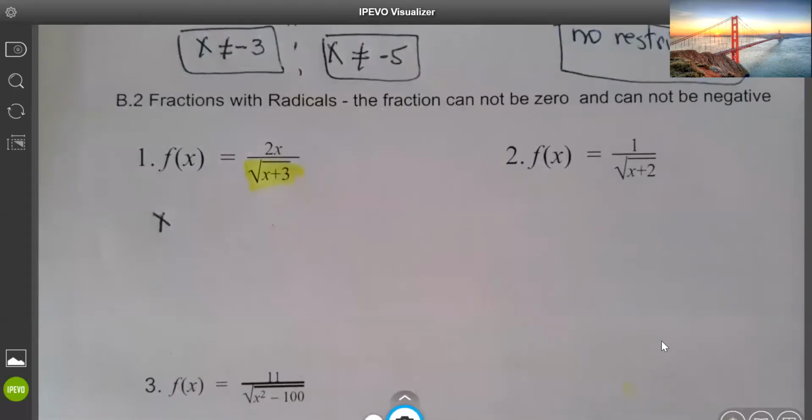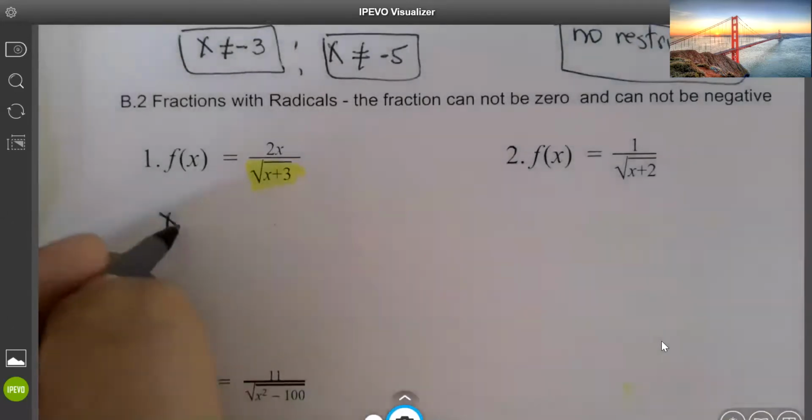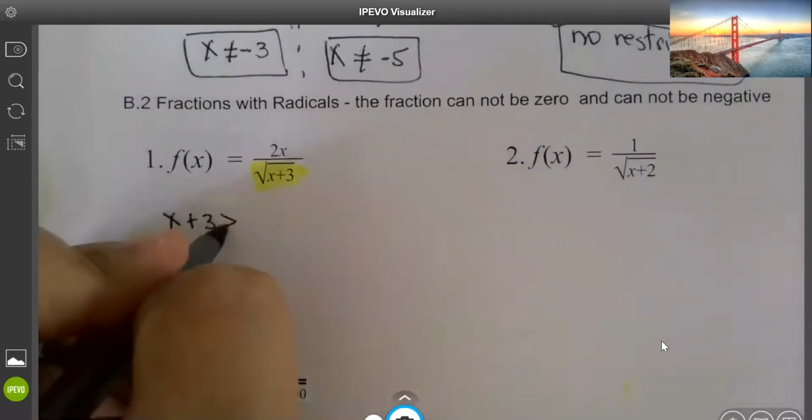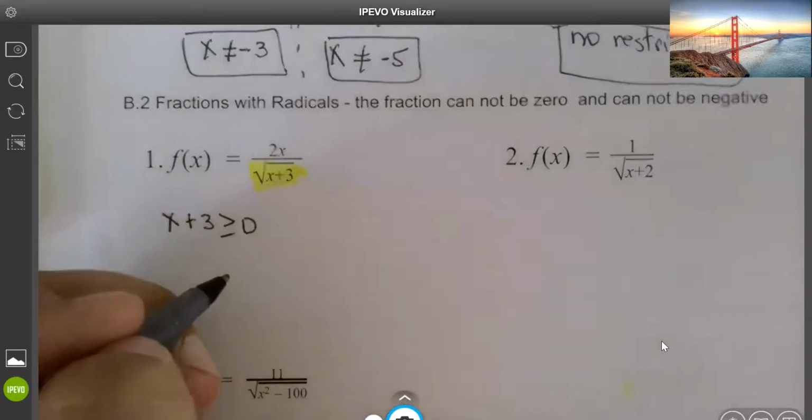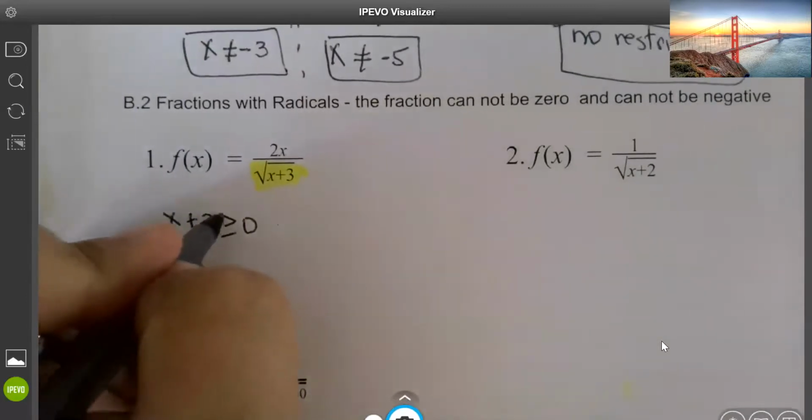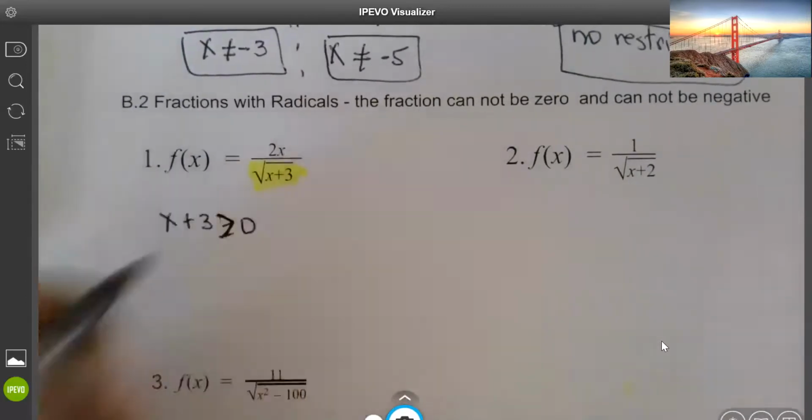Not equal to 0, but it has to be greater than 0. So you set the radicand to be greater than 0. No, it cannot be 0, so it's just greater than.